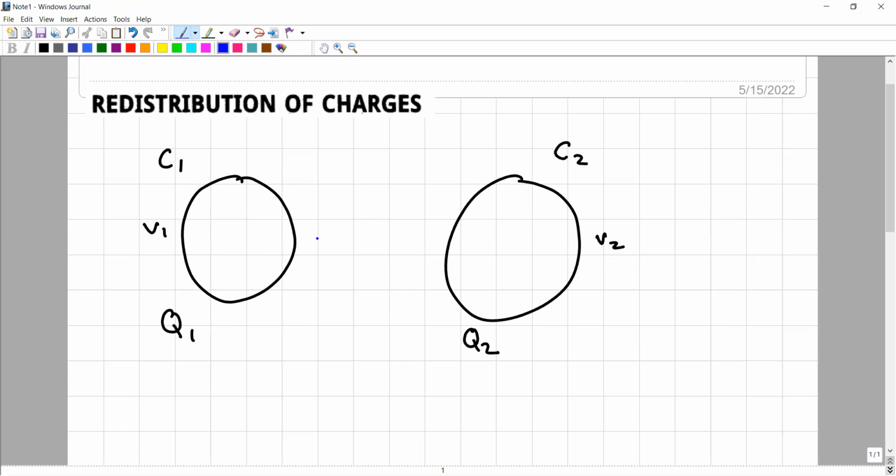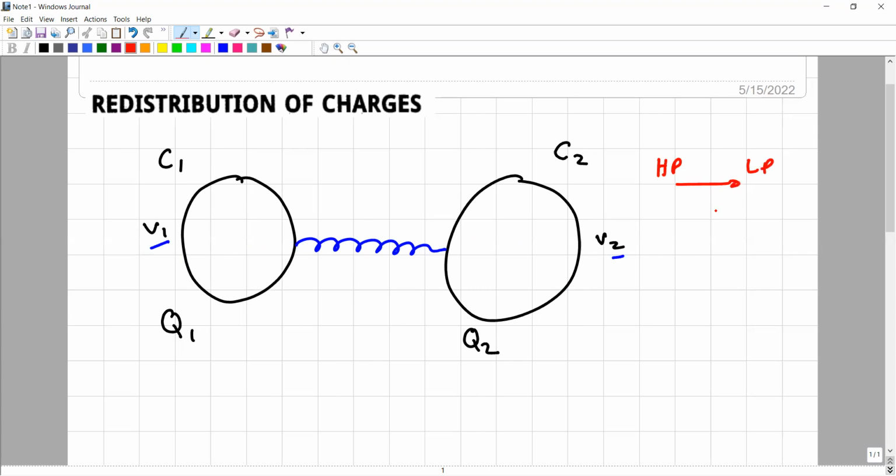Now, if you join these two by some conducting wire, that means some charge can flow from the first one to the second one, or the second to the first. Now you see, because you have connected them and they have different potential, you know that the charges would flow from a higher potential to lower potential.